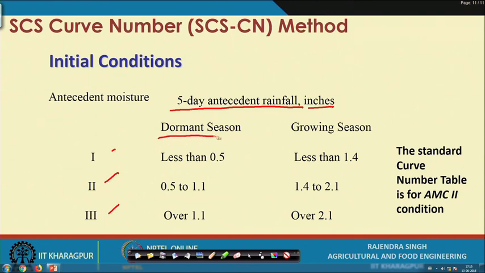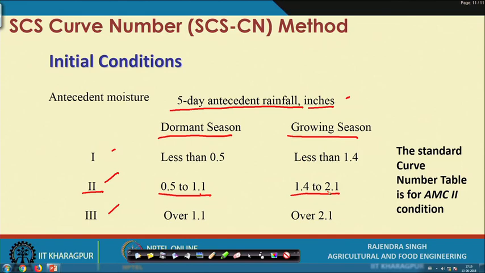SCS has also said the values will differ for the dormant season, when there is no crop, and the growing season, when there is a crop. For AMC 2, in the dormant season the rainfall has to be between 0.5 to 1.1 inches, and in the growing season it has to be between 1.4 to 2.1 inches.